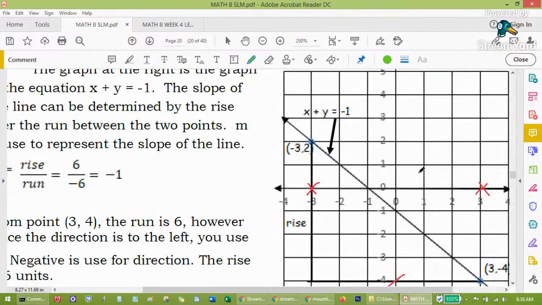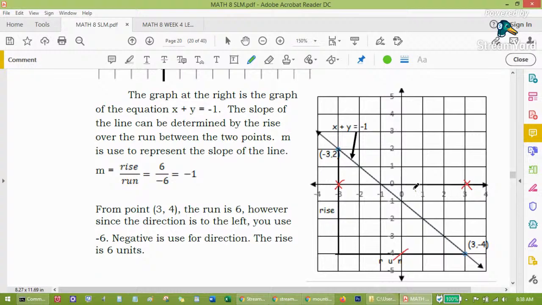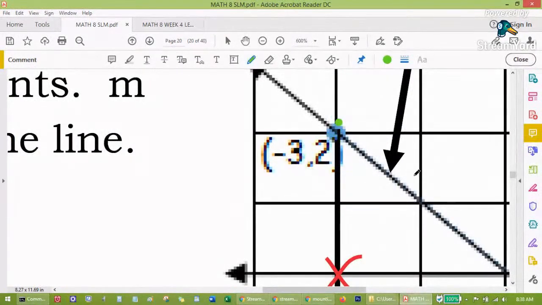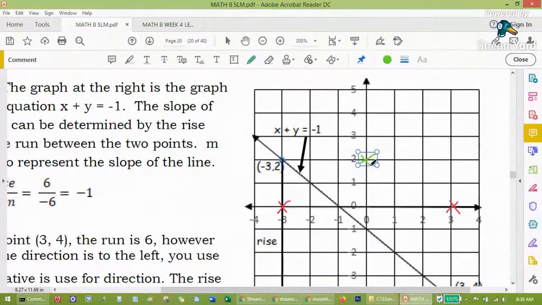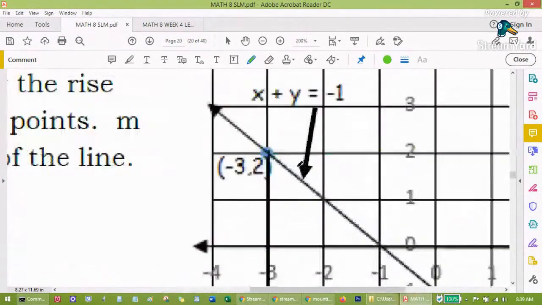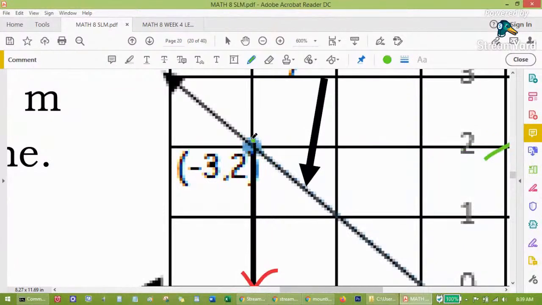Yung mga positive nasa taas, yung mga negative nasa baba. So, ang positive 2 ay ito. Okay? So, kapag nag-drawing tayo ng line, ang intersection, kung saan sila na-cross, that is point x -3 and y 2.